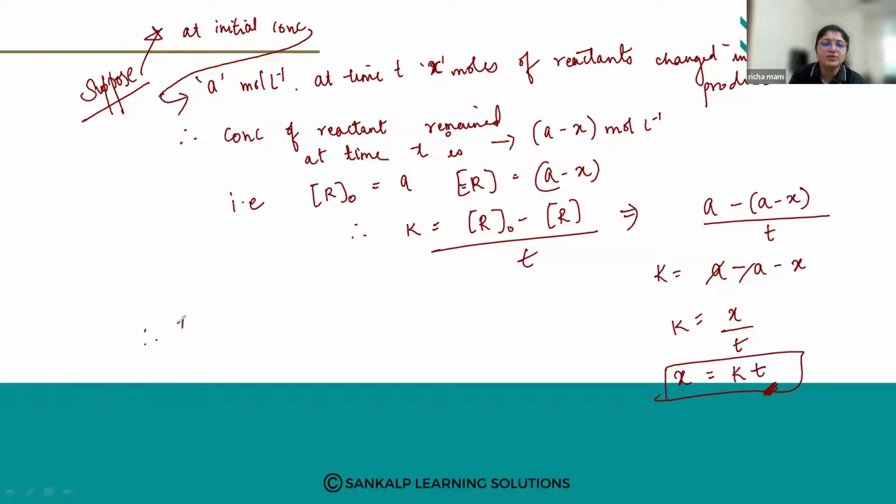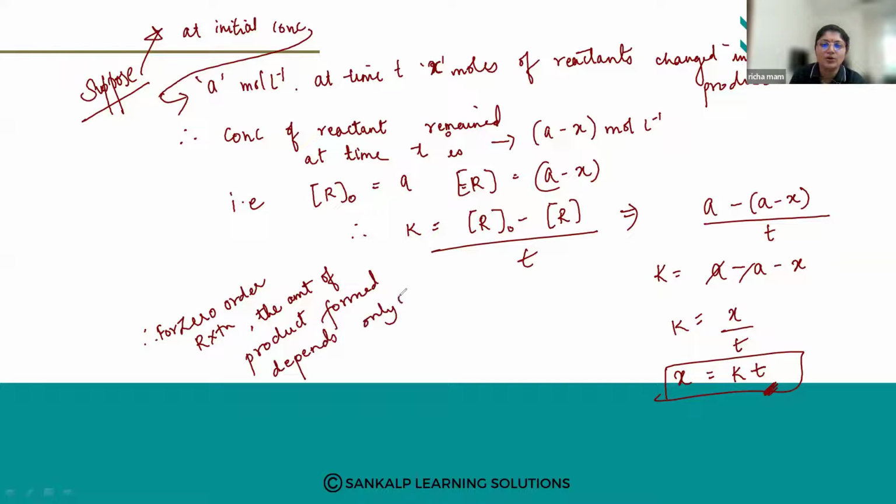So from this equation, you can see that for a zero order reaction, the amount of product formed depends only on the time taken by the reaction. So this is about your zero order reaction.